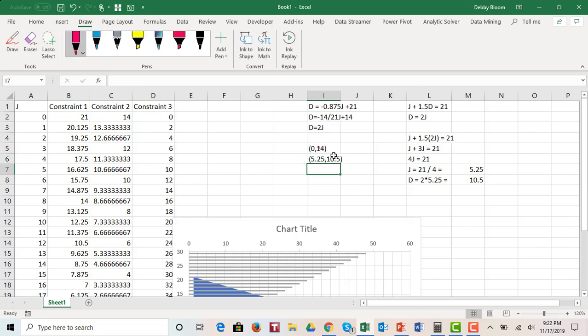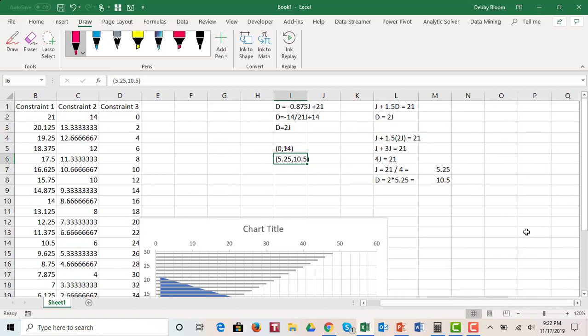Now the last step in the problem is to see which of these two points gives us the higher profit. So we either make 14 Deercrest and no Jordanelle, or we make 10.5 Deercrest and 5.25 Jordanelle. Let's see which is going to give us the bigger profit.